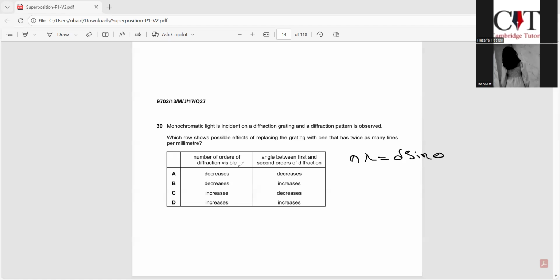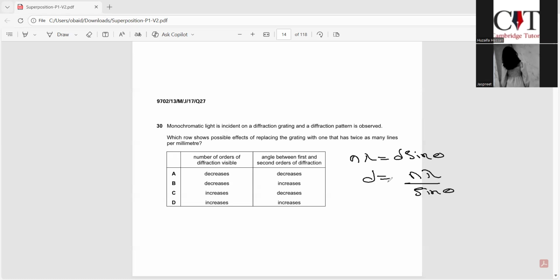What are they doing? They are replacing the grating, so they are increasing d, right? The d is becoming 2d. So first let's make d the subject. It would be n lambda over sine theta.